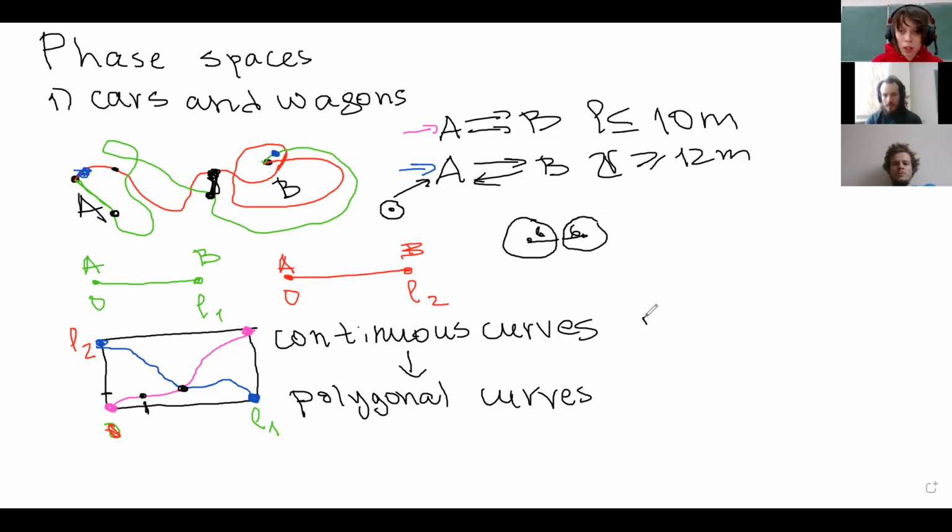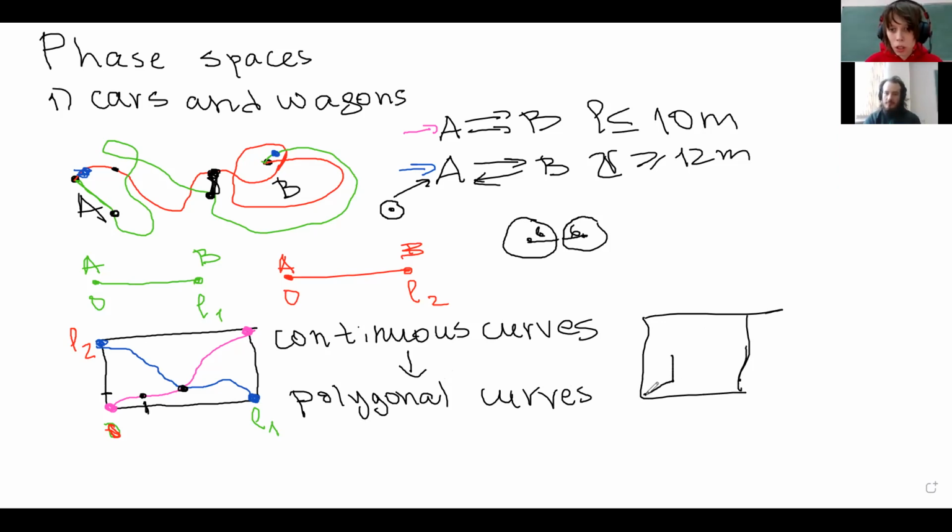And the fact that if we connect opposite angles of some rectangle by polygonal curves, then these curves will intersect in an odd number of points. It is easy to prove. Well, not easy, but it's easier than the continuous conjecture.